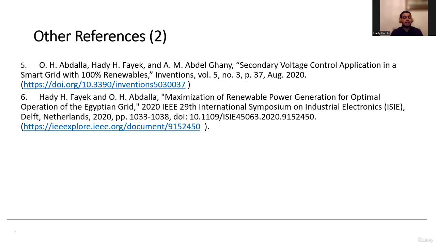The fifth reference is secondary voltage control application in smart grid with 100% renewables, published in August 2020 in Inventions. And the sixth reference is maximization of renewable power generation for optimal operation of the Egyptian grid, published in the 29th International Symposium of Industrial Electronics, which is a big IEEE conference in 2020, which was in Delft, the Netherlands.